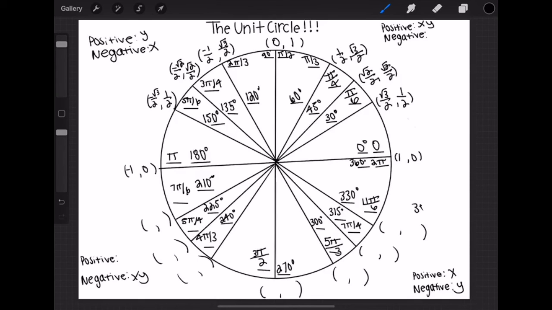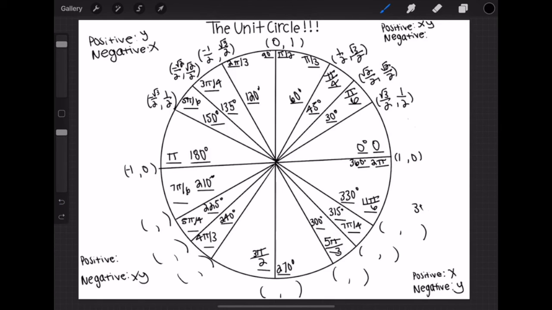And as you can see, 5 pi over 6 has negative square root of 3 over 2 as the x, and then pi over 3 has 1/2 as the x, and then pi over 4 has square root of 2 over 2 as its coordinates, but just x is negative. And then same with here, -1 comma 0, because it's in the second quadrant, so it's negative.